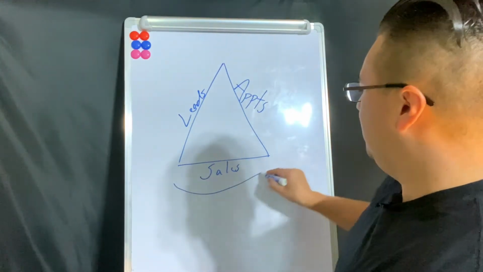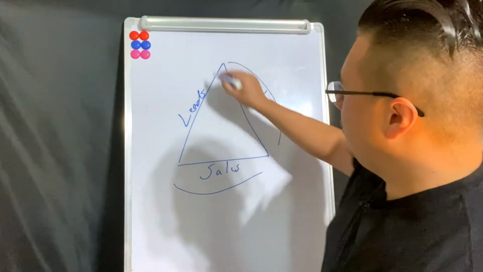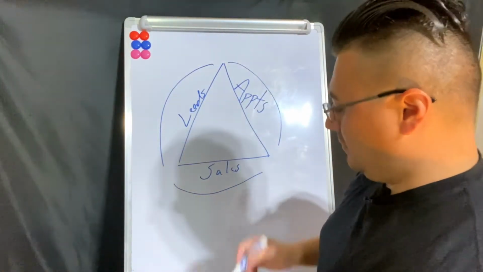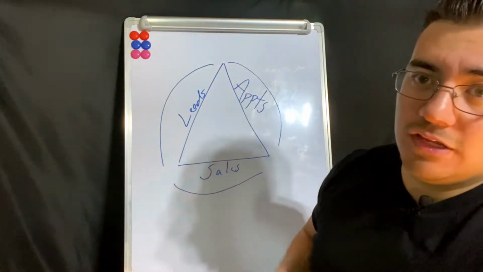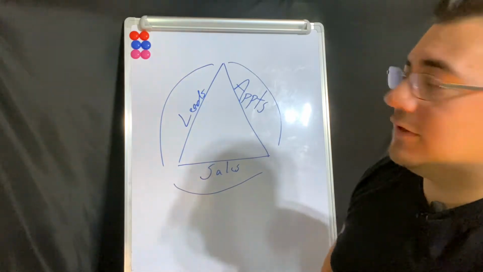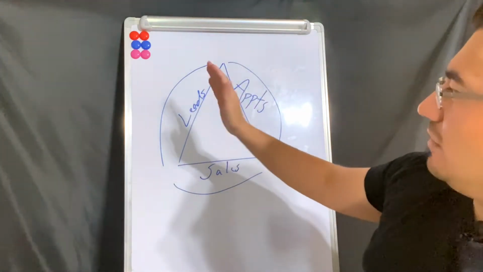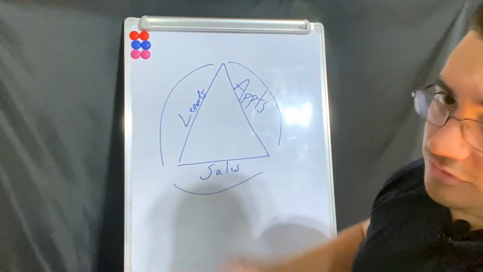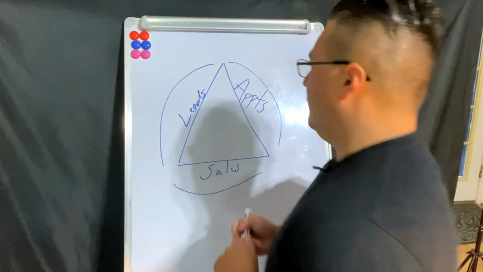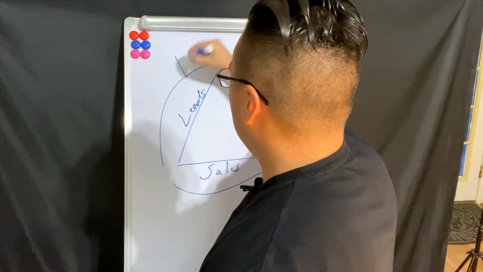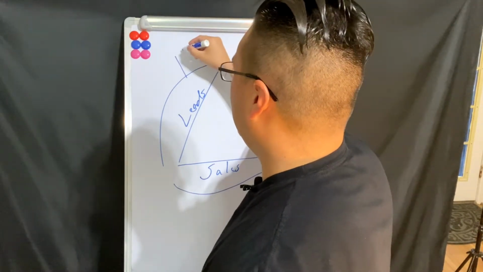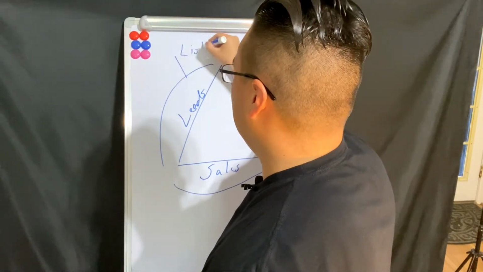Now, with each part of the puzzle, there's certain areas that you need to focus on. We're going to start on the left, then go to the right, and then go to the bottom. So with leads, you have your list.